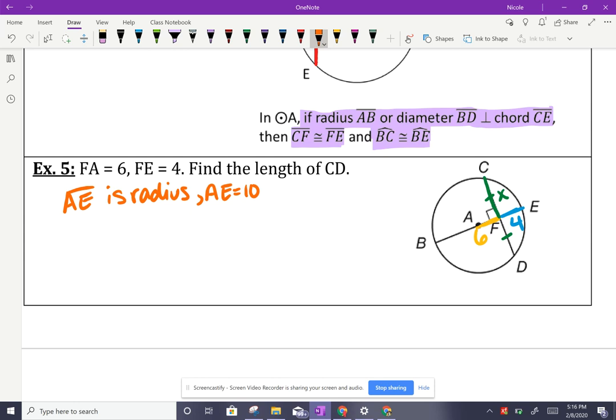And since I have a right angle, what could I create with another radius? If I drew another radius, I could create another right triangle. So if I connect C to A, this is now a radius. So I'm going to say that AC is now congruent to AE. So AC is also 10.